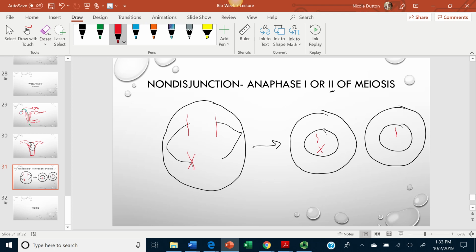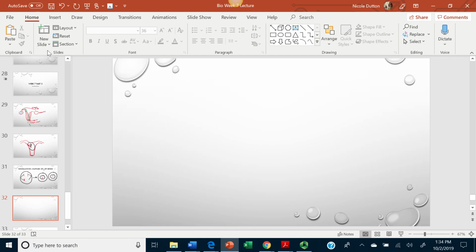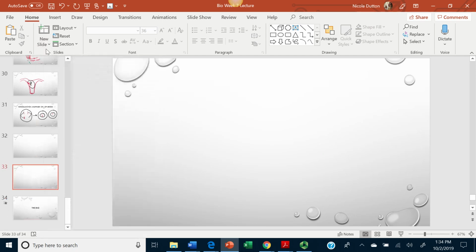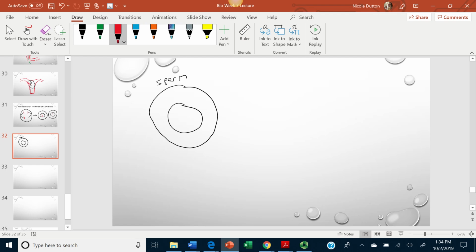Now let's use these sperm cells in order to make a baby. So we have this sperm cell that had this one and then this one, and we're going to combine it with a normal egg.